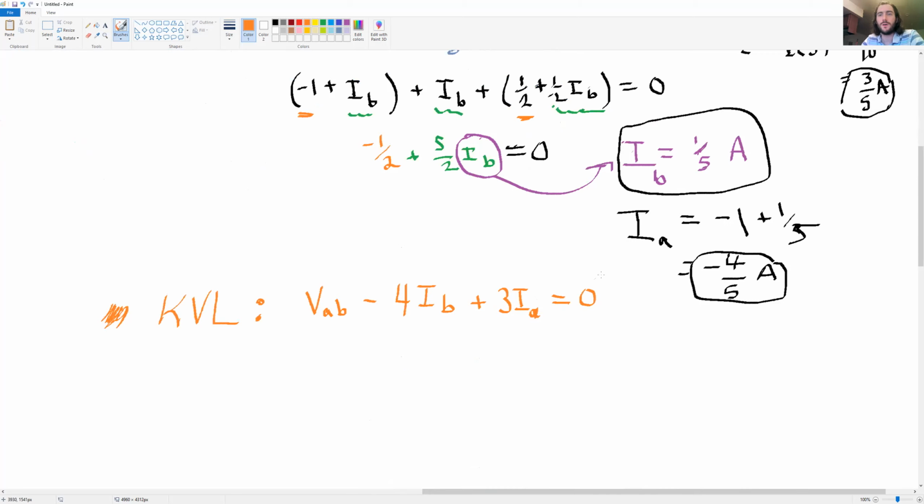Again, we return to our starting location, so always set it equal to 0. Now if we want to know what VAB is, we just move stuff to the other side. So it's minus 3 IA plus 4 IB.